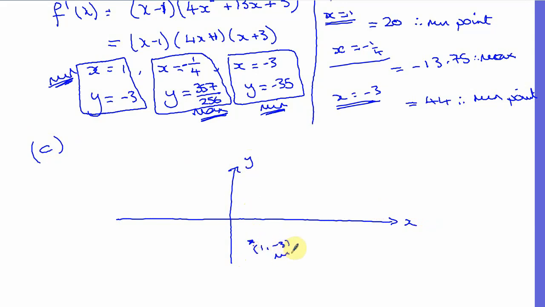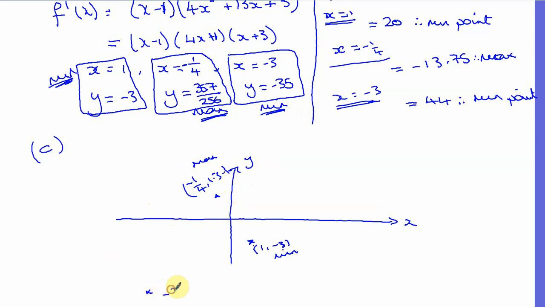We've got a maximum point at negative a quarter, somewhere like that. And I'm going to put 1.3 there just because I don't want to write that fraction again. We know that's a max. And we've got a minimum point at negative 3, minus 35.